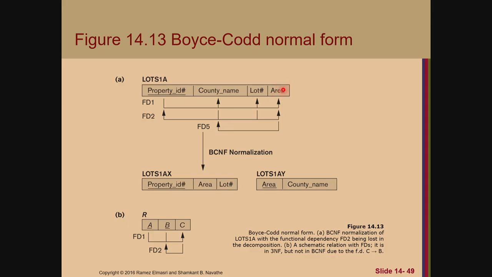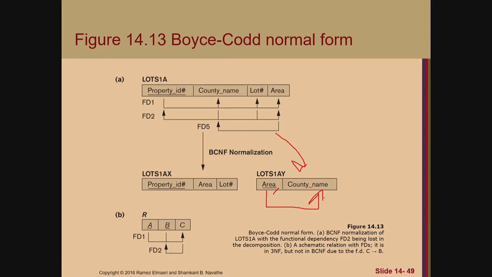It is also not part of the candidate key, right? It's just a non-prime attribute. But the area can determine the other attribute. So this one we can also call the transitive attribute. If we have a transitive like this, we have to separate them into a new relation: area determines country name.